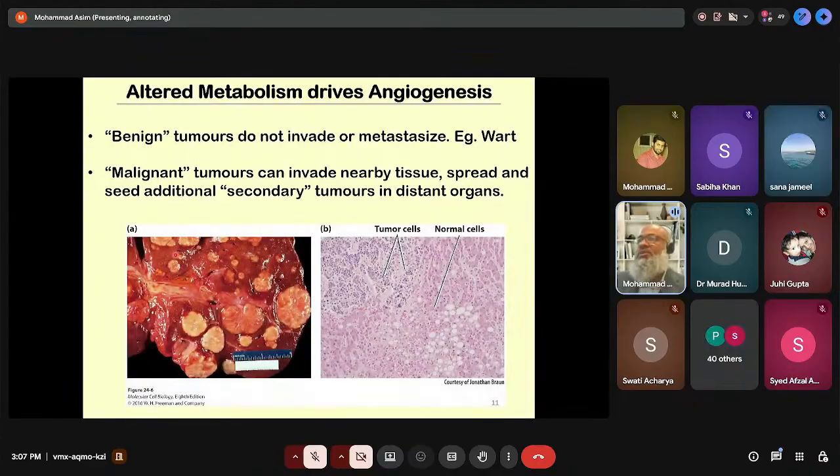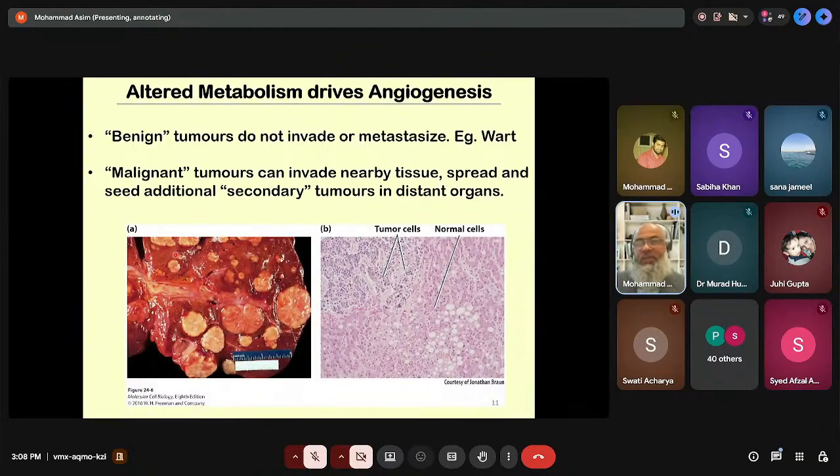One of the advantages which I did not tell you so far is that cancer cells, because of the altered metabolism, have a decreased requirement for oxygen.